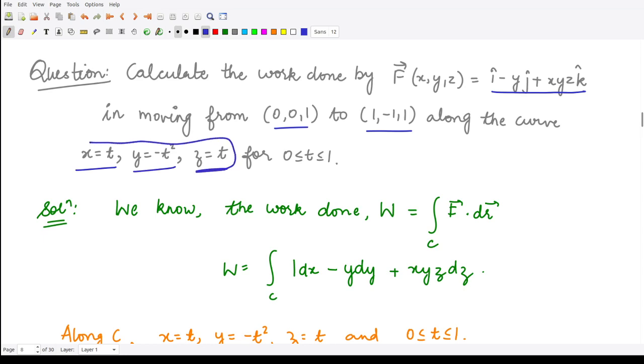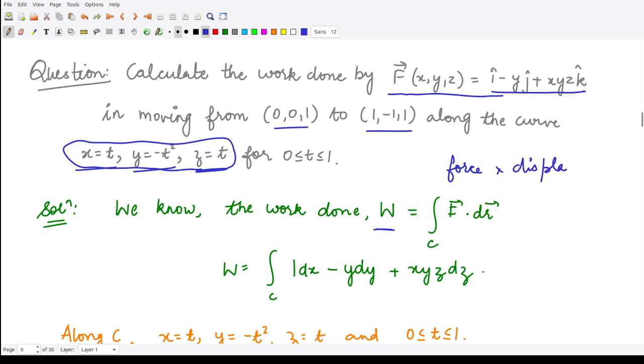So this is the given curve, and we want to calculate the work done. We already know the formula: work done is the line integral of force into small displacement.